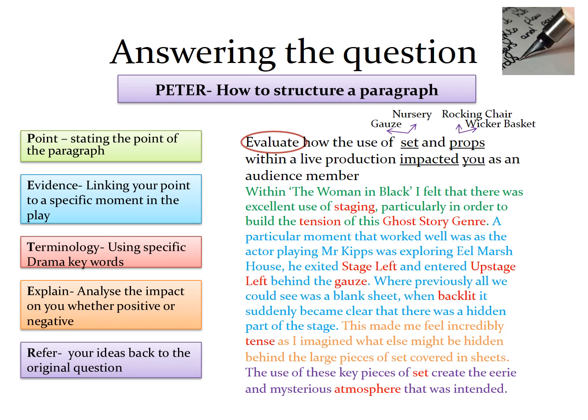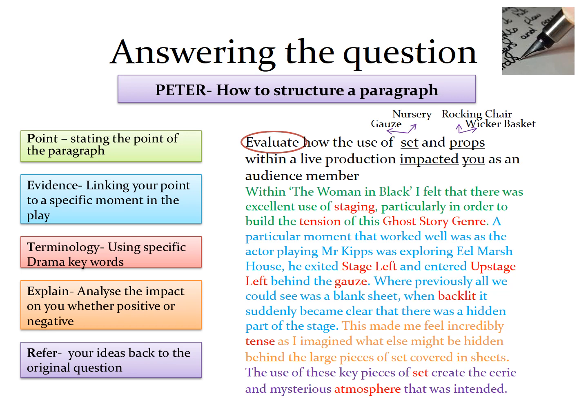So then you've stated your point in green. You're now giving the evidence for this. So you're linking your point to a specific moment in the play. A particular moment that worked well was the actor playing Mr. Kipps, exploring Eelmarsh House. Exited stage left, entered upstage left behind the gauze, where previously all we could see was a blank sheet.